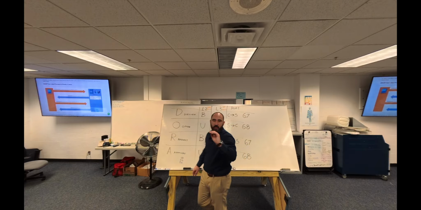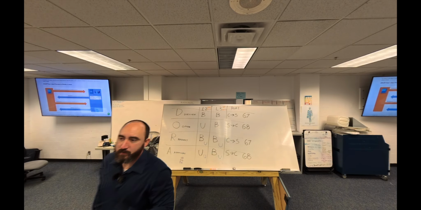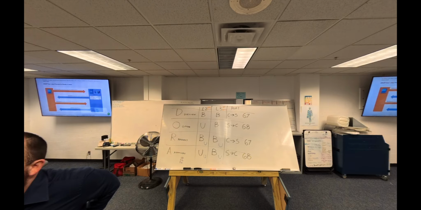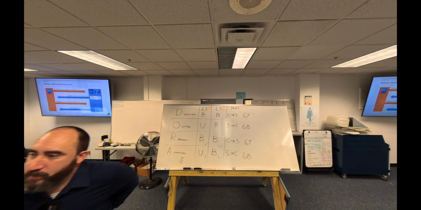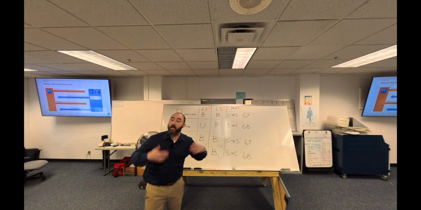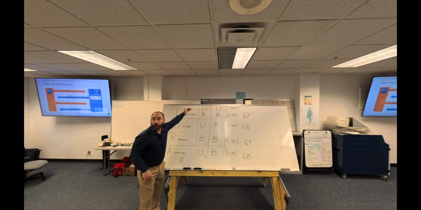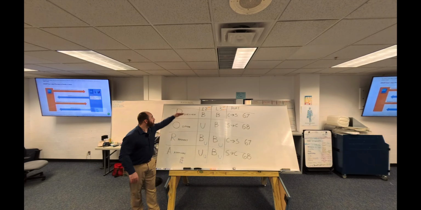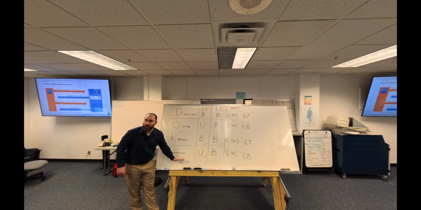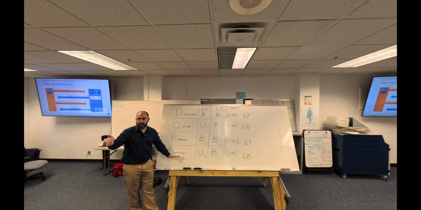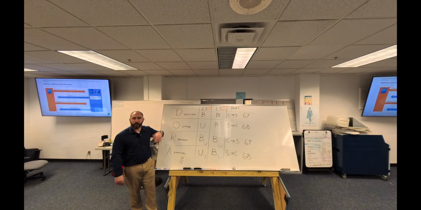This is basically a way for us to conceptualize how DHCP does what it does. To obtain an IP address, this is the process DHCP does: discover, offer, request, acknowledge. This is how it does it automatically. Your computer turns on.